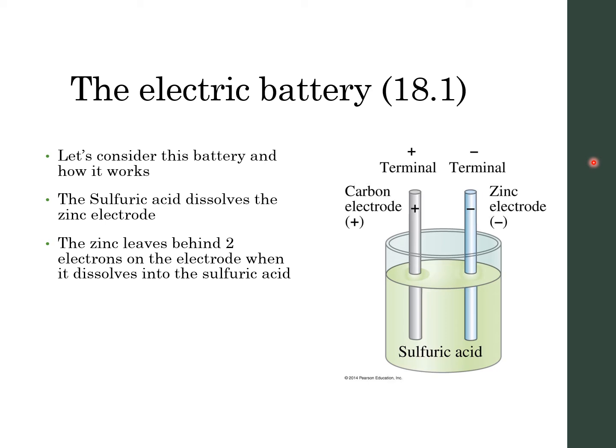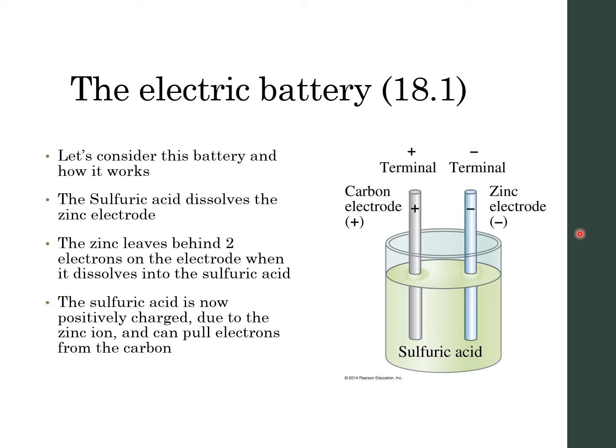However, two of the electrons are going to stay in the electrode itself, and an ion of zinc is going to go into the sulfuric acid. And so the sulfuric acid is going to become positively charged.